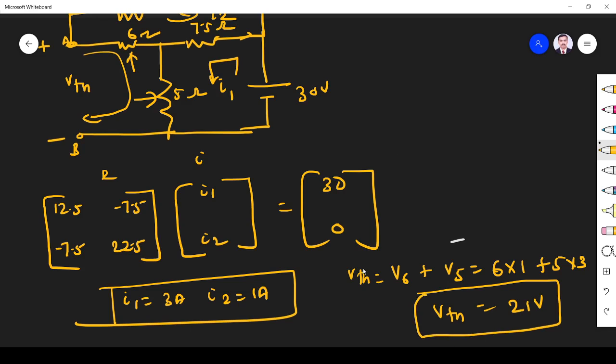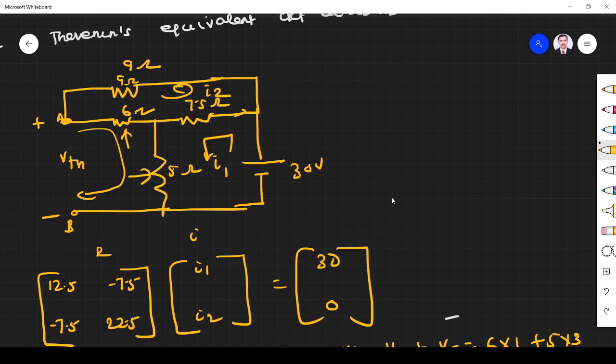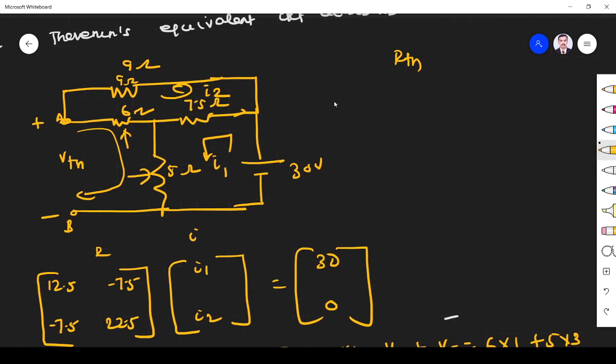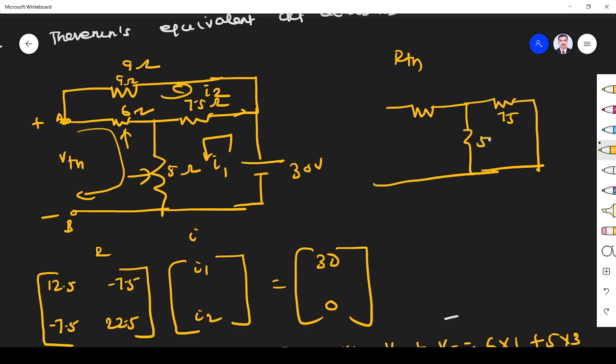Next we have to find RThevenin. RThevenin is very simple to find. We know all the internal resistance should be retained, and all the voltage sources must be shorted. So this one will be removed as it is, and this one must be shorted. 7.5, 5, 9 ohm, 6 ohm. So for RThevenin, we know that 7.5 and 5 ohm are parallel.